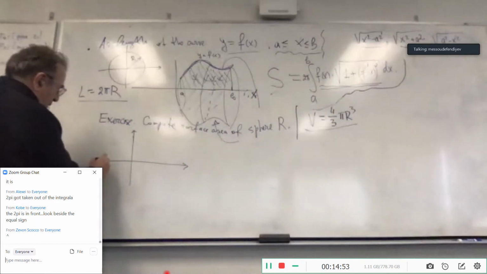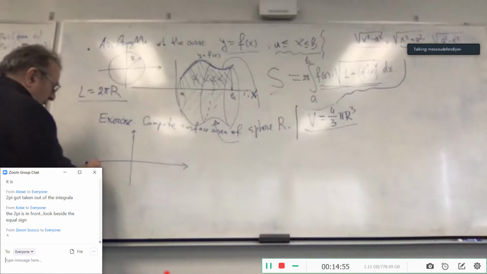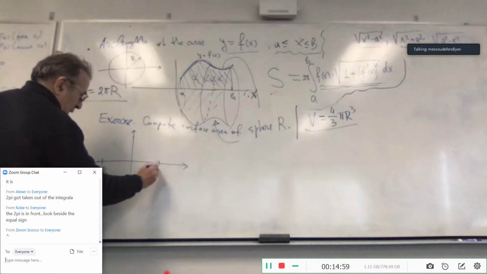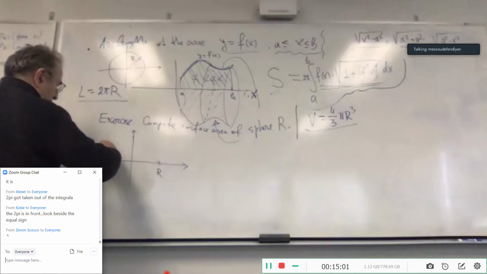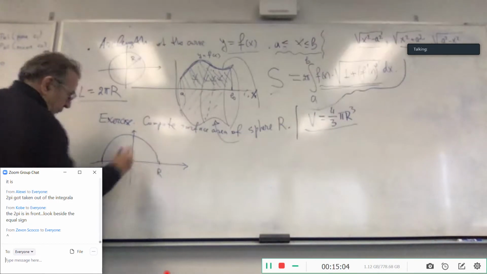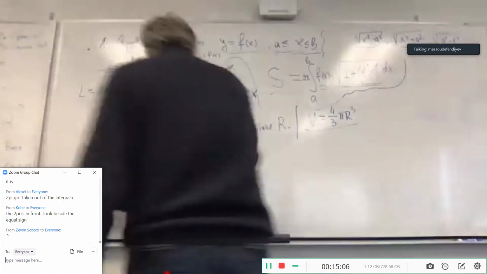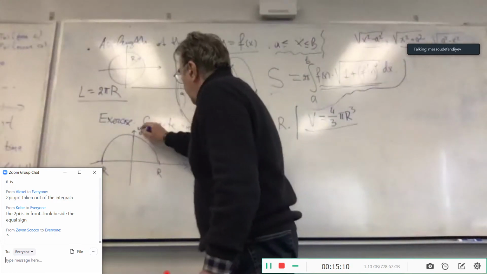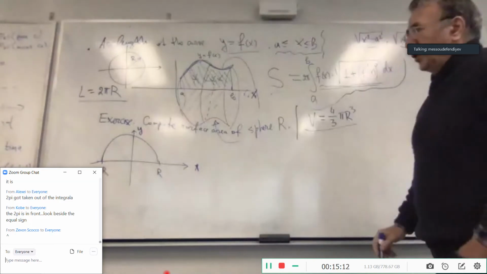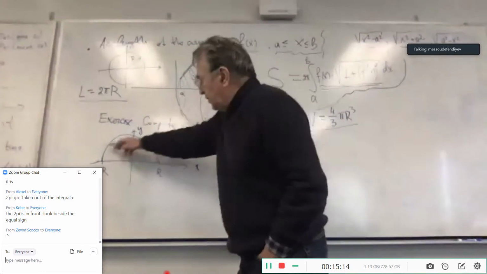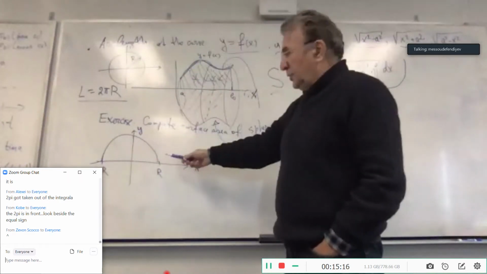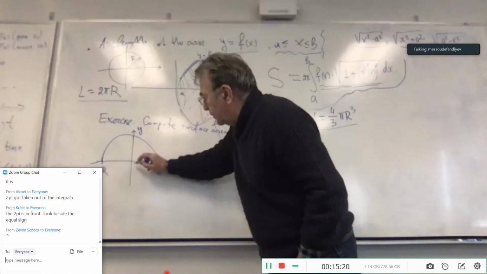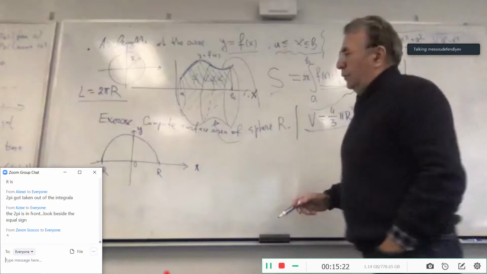Now let's consider the curve. This is the xy plane. How can we write the circle? First of all, let's consider this semicircle with center 0 and radius r.